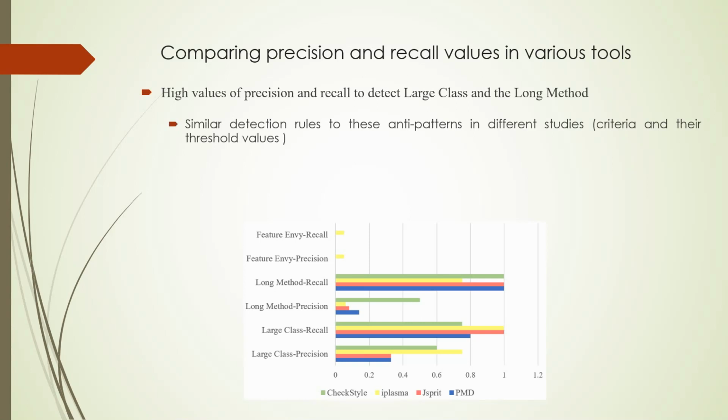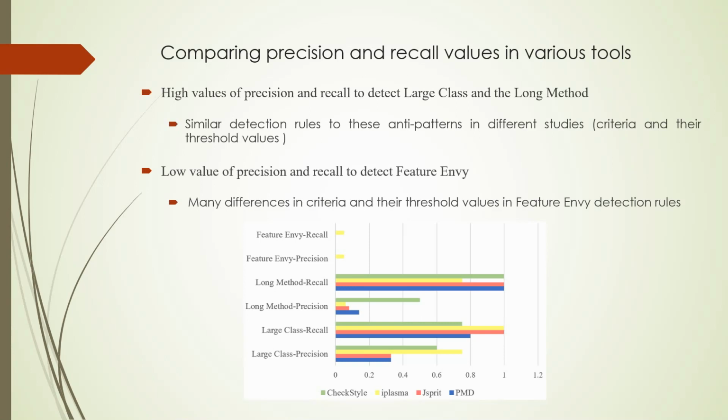But to detect feature envy, there are different rules. Therefore, the precision and recall values are low.